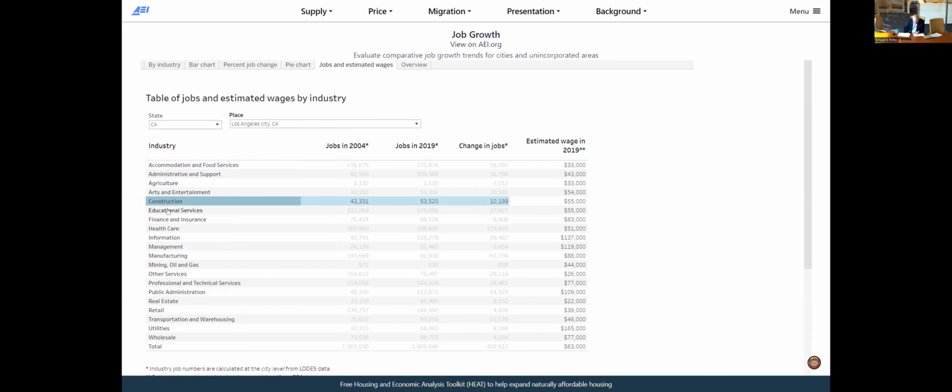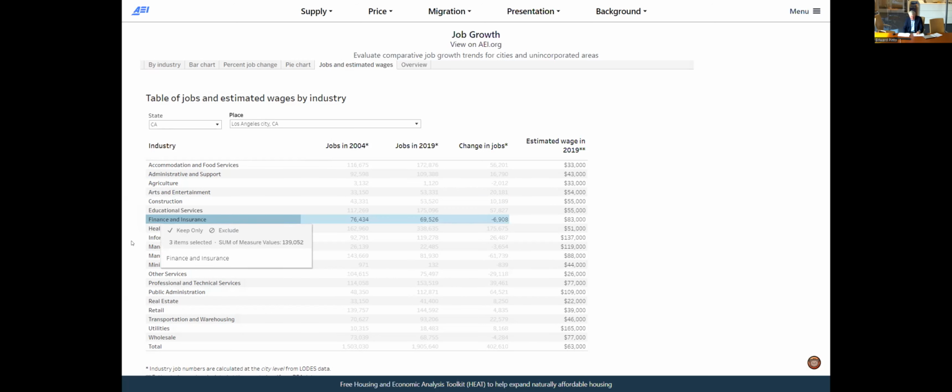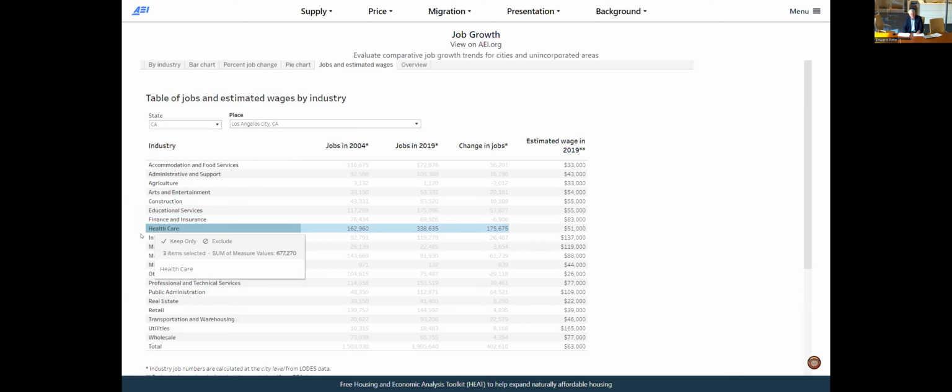You're looking at educational services, 58,000 jobs, still below average. You actually lost jobs in finance and insurance in LA, and those were 83,000, well above average. Healthcare, you added the most jobs in healthcare, 175,000 jobs, but those were also well below average, 51,000 versus 61.